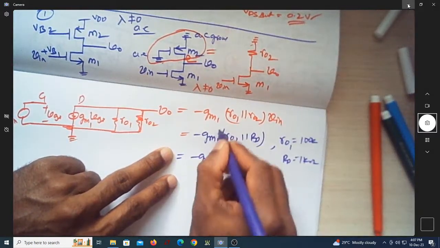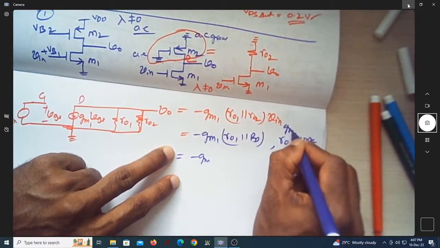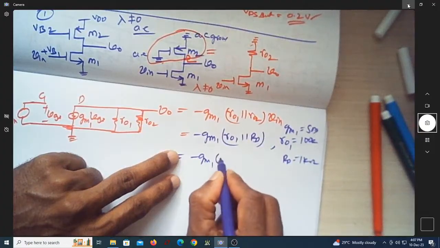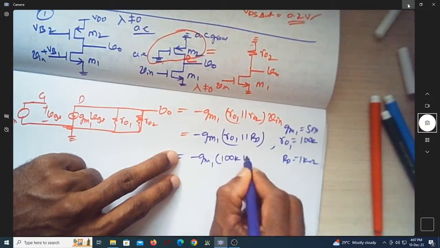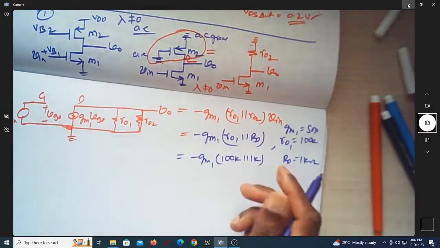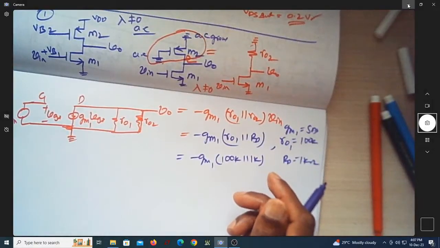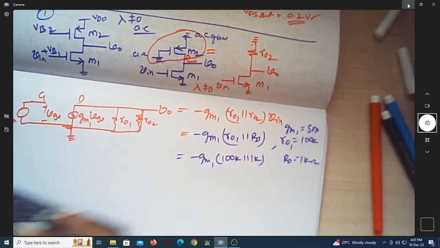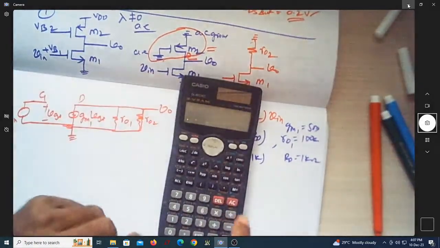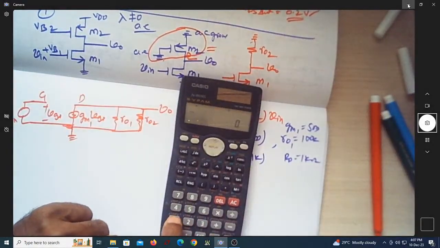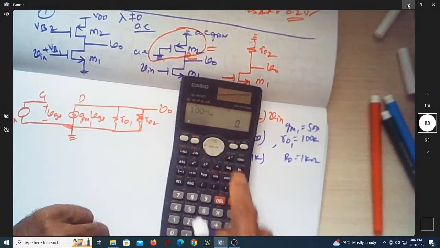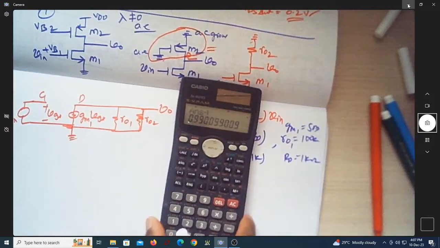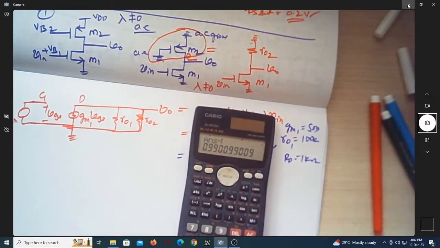can you see it is minus GM into, assume that GM1 is equal to 5 millisiemens. So what is GM1 into 100K in parallel with 1K? Can we find what is 100K in parallel with 1K? It is very simple: 100 inverse plus 1 inverse, whole inverse, is 0.99K.